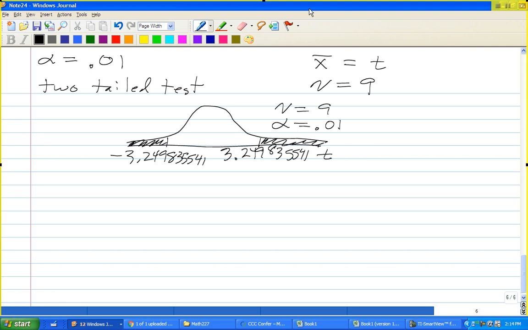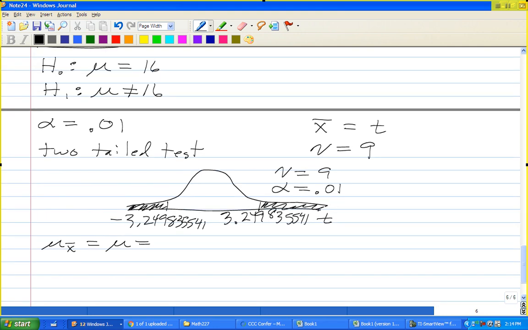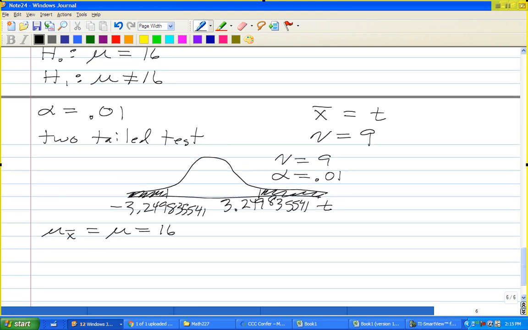Okay, so let's find the parameters. The mean for the sampling distribution of all possible sample means is the mean of the population, which we assume to equal 16. The standard deviation for the sampling distribution of all possible sample means is the population standard deviation over the square root of the sample size.